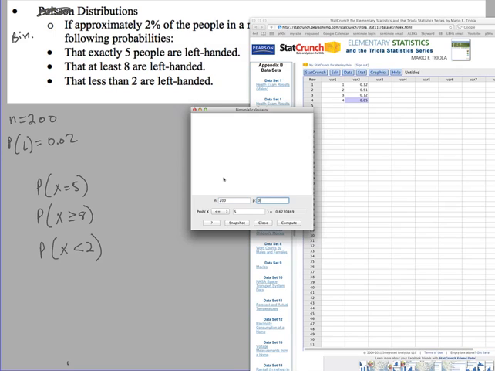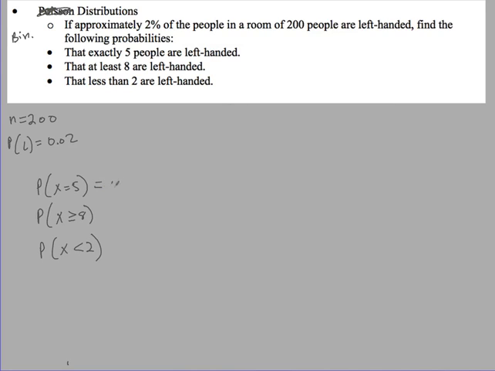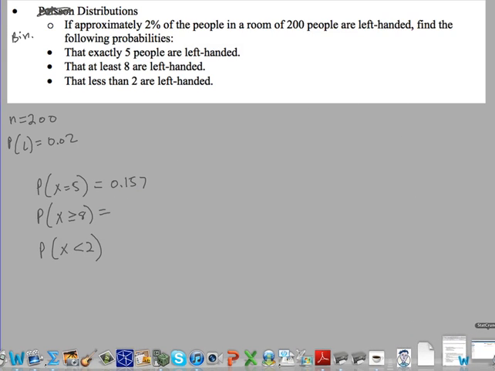The probability is 0.02, and then you just put these things in. Equals 5. That's it right there. Okay, so it's about a 16% chance. 0.157.